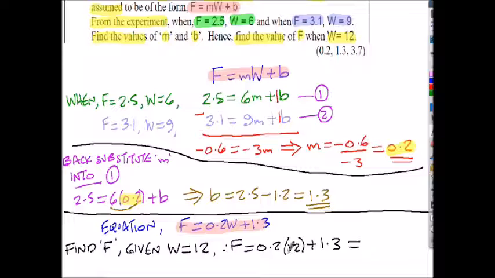Evaluating, 0.2 times 12 is going to be 2.4, add to the 1.3 and gives us 3.7. So 3.7, probably newtons, is the frictional force. So that's finding F given W. And again our answers match with the answer to the question.